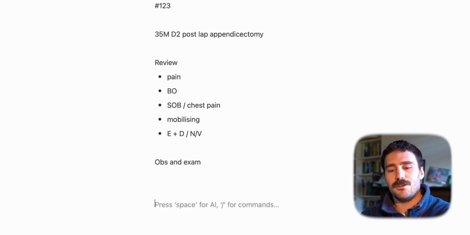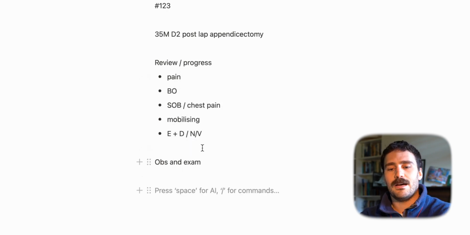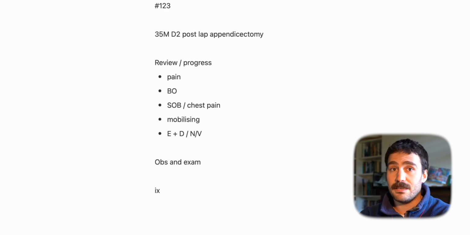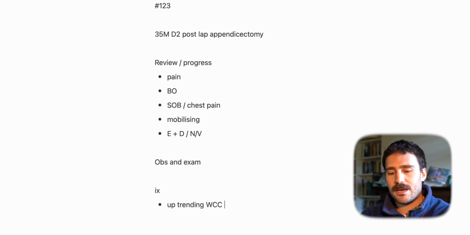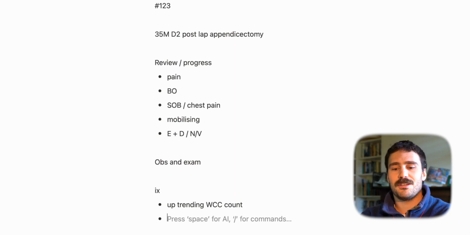After that, sometimes I put it also in the review section, review/progress, but you can also put it in the investigations part as well. Maybe they have an uptrending white cell count, which might suggest a worsening infection.